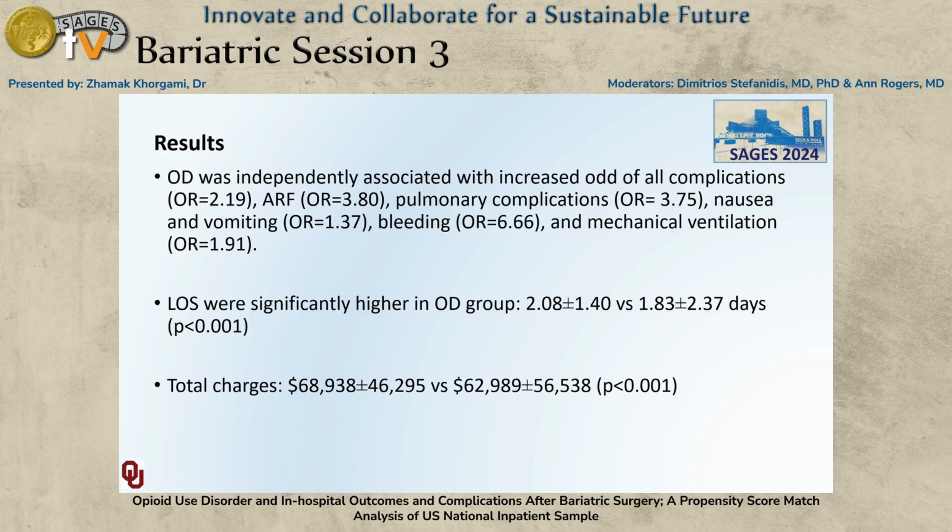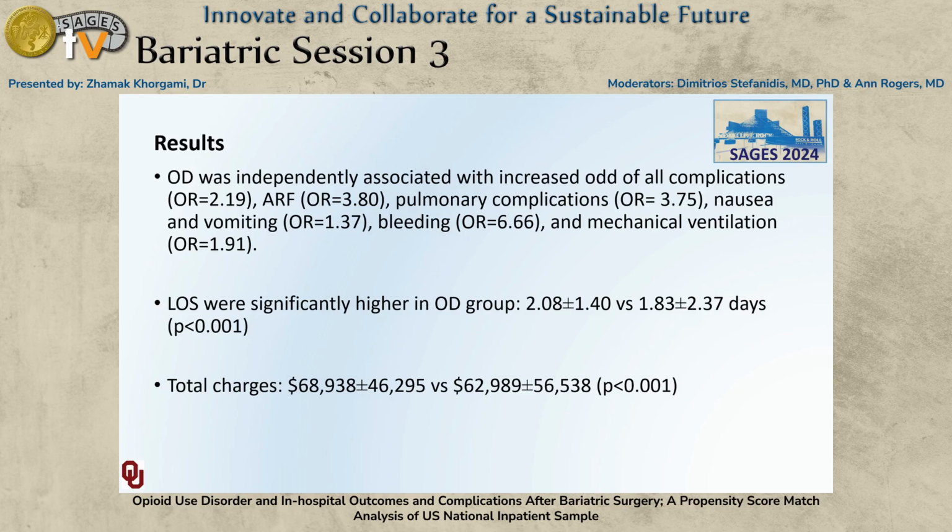In general, for those with opioid-related disorders, this factor was independently associated with increased odds of all complications when we included all those complication ICD codes. Specifically, we could show this with acute renal failure, pulmonary complications, nausea and vomiting after surgery, bleeding, and mechanical ventilation.